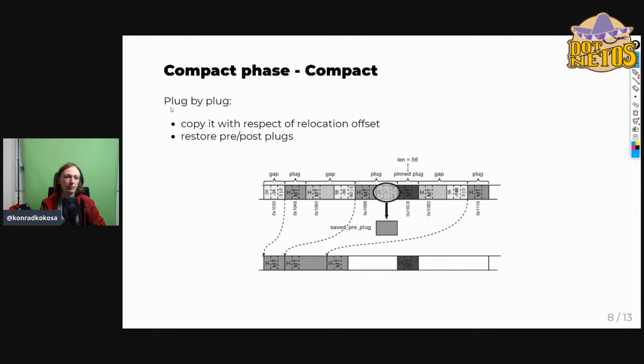And this is happening plug by plug, because as we know, every plug has this information about the relocation phase. Maybe nothing is simple in GC, but we can say that conceptually at least it is pretty straightforward.